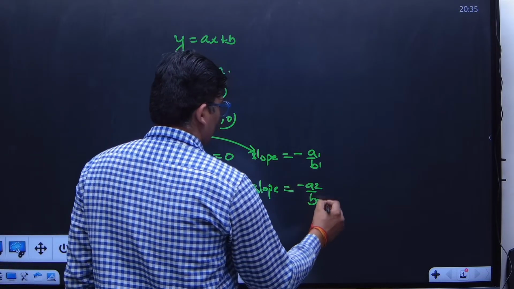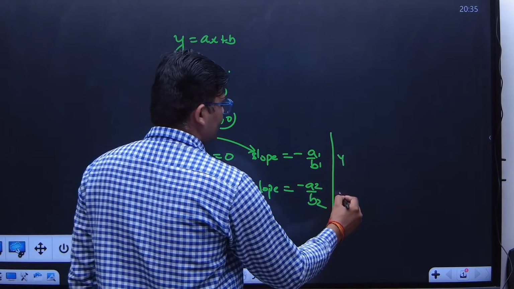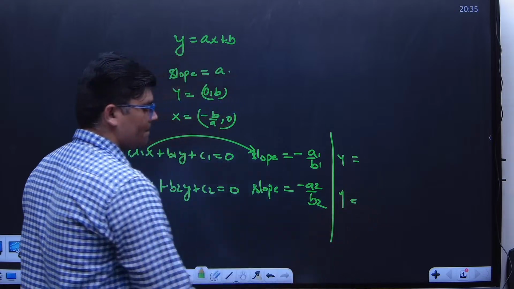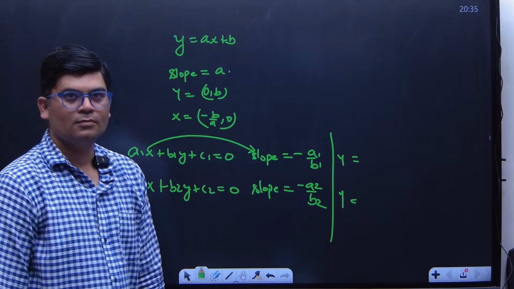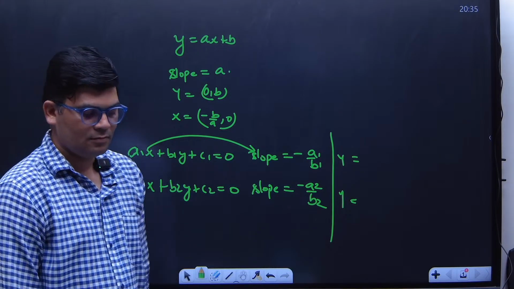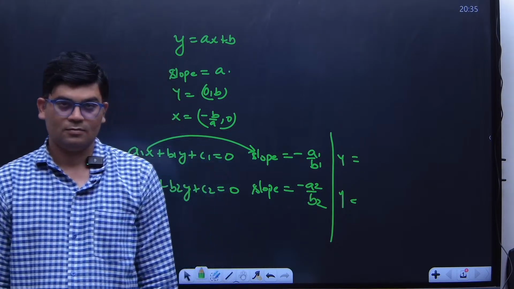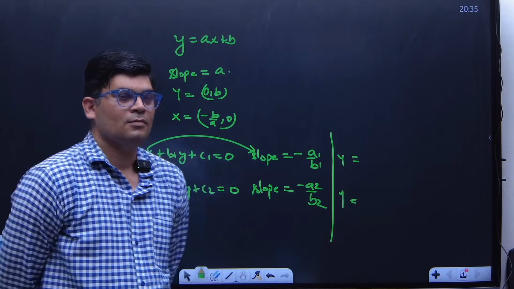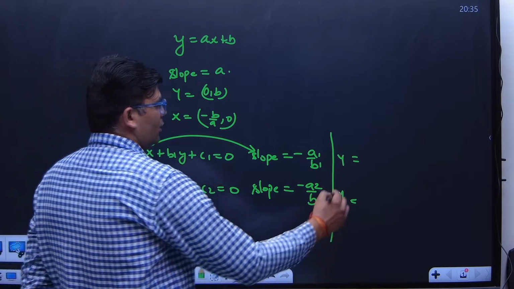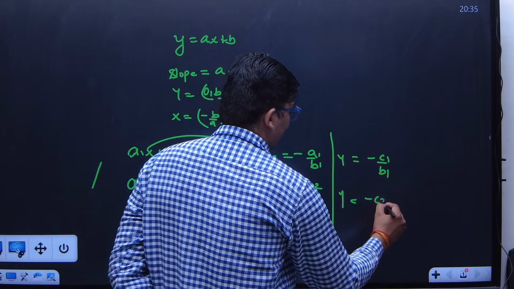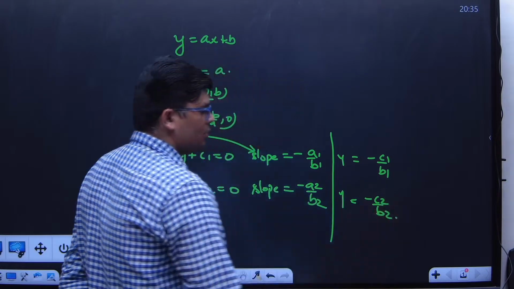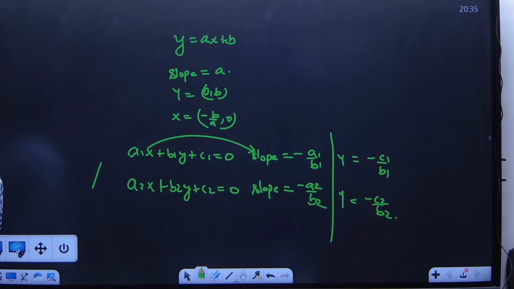Yes. Okay, and if I ask you what is the y-intercept in both the cases? It will be minus c1 upon b1, and here it will be minus c2 upon b2.